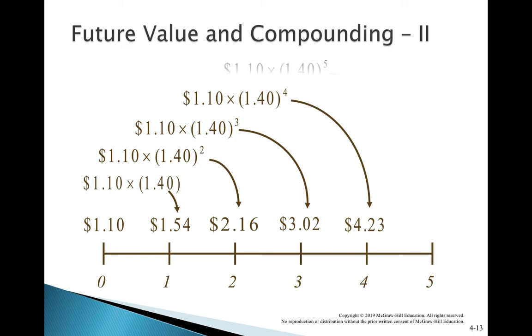And in the fifth year, the dividend will be 4.23 multiplied by 1.40, that is the previous year's value multiplied by 1 plus r, or the original present value multiplied by 1 plus r to the power 5, which is equal to 5.92.